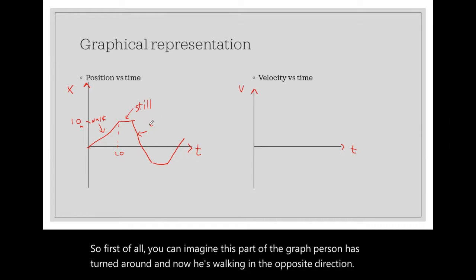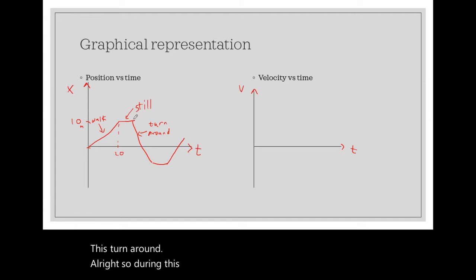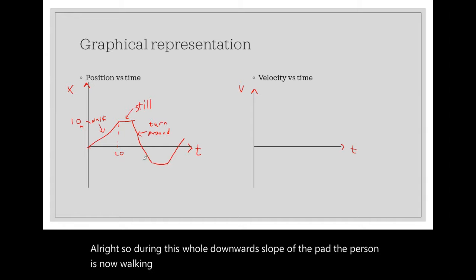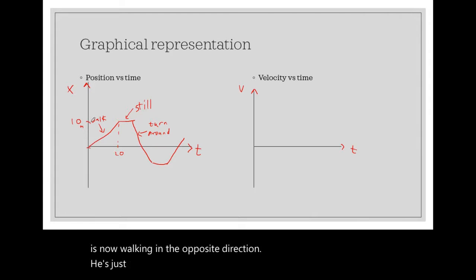So let's call this turnaround. During this whole downwards slope, the person is walking in the opposite direction. He's basically turned around and walked the opposite way.